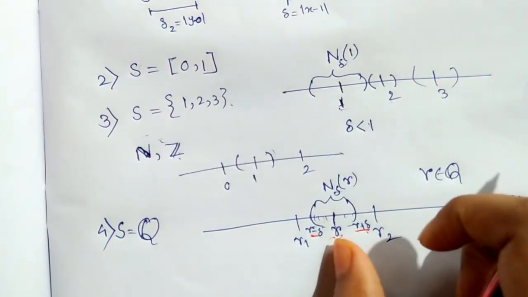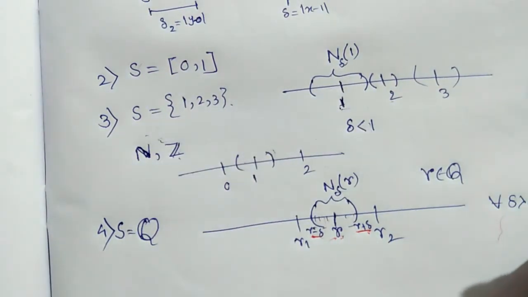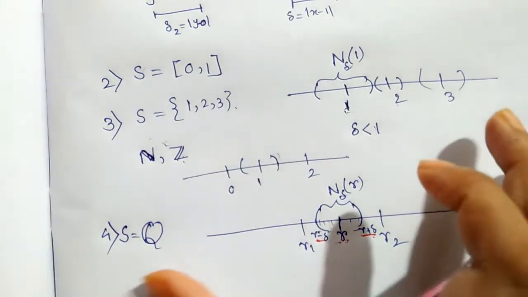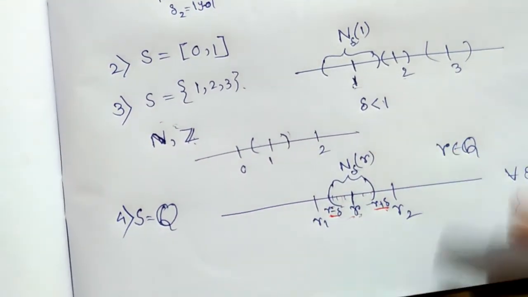So any rational number is a limit point of Q, that is, the set of all rational numbers.